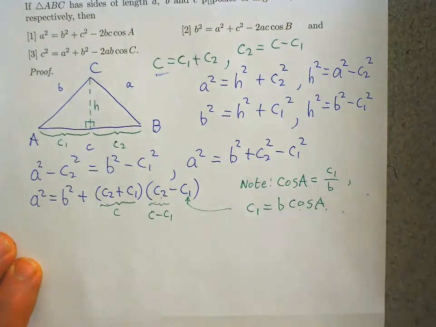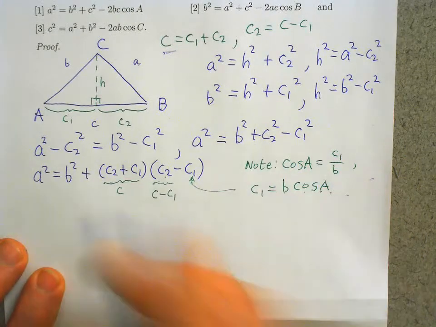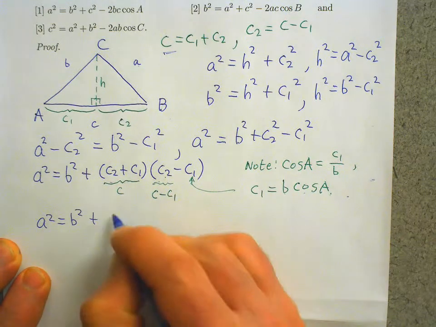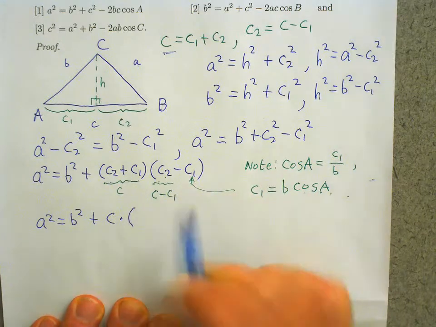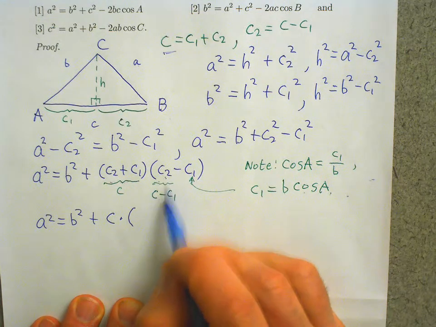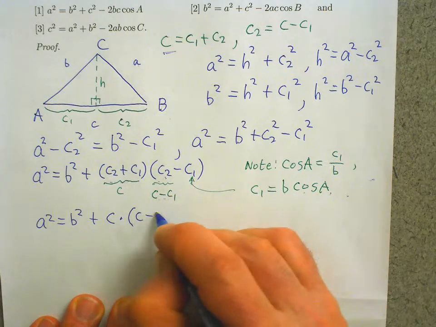So let's not do it all at once. Let's write a squared equals b squared plus c times, and then I'll replace c2 with c minus c1. So I have c minus c1 minus c1, or c minus 2c1.